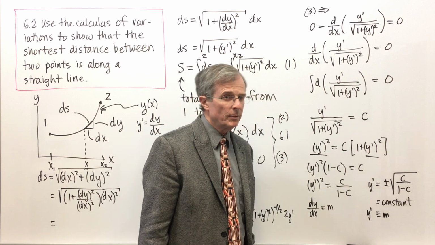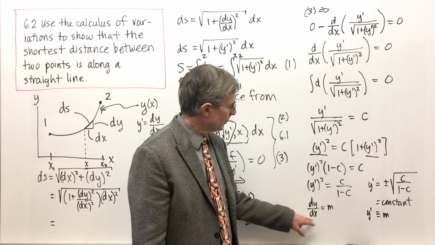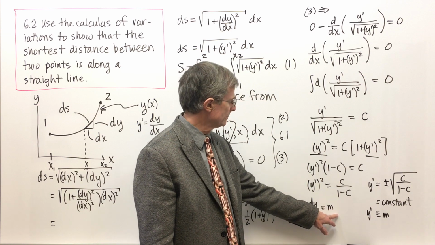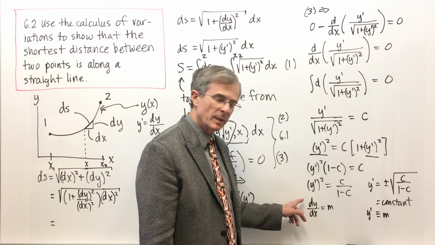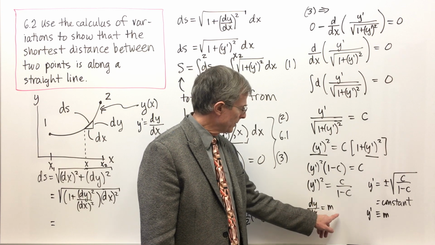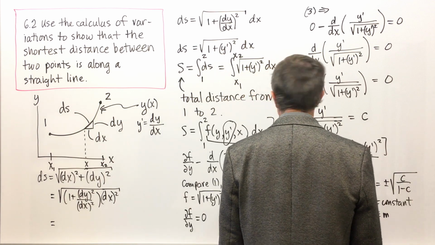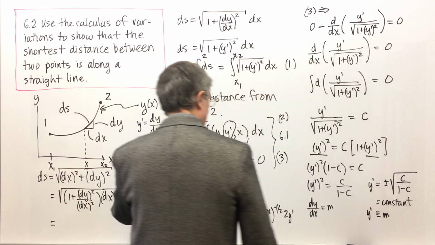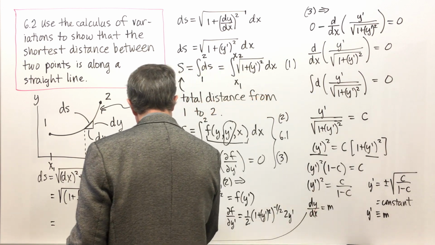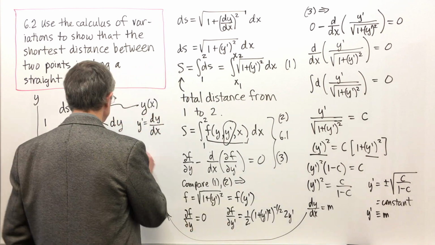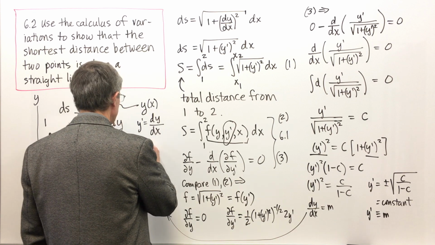And I believe that you can integrate that equation with m being a constant. Multiply both sides by dx. Integrate. The left side becomes y. The right side, let's see, we're running out of space. Let me actually use this space right here to finish this off. dy equals m dx.